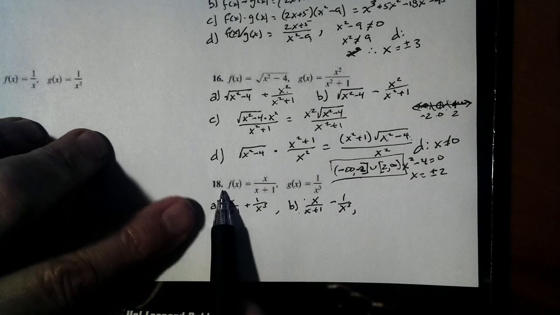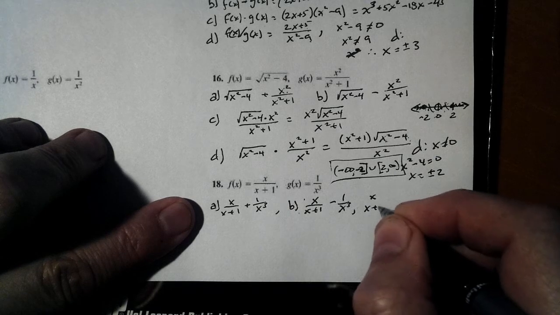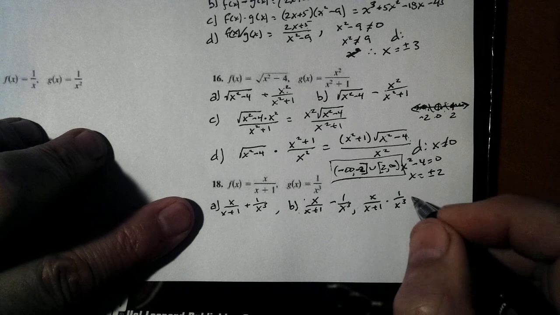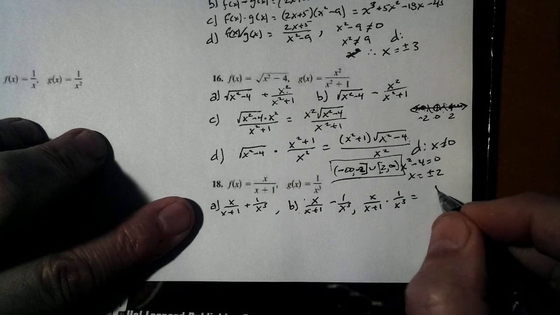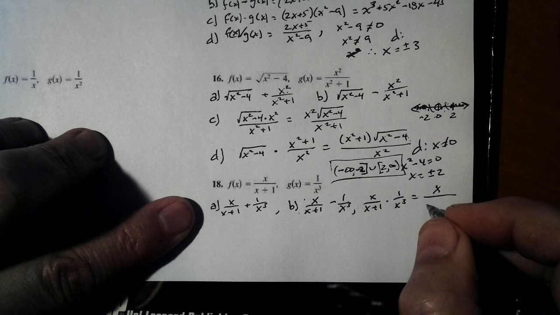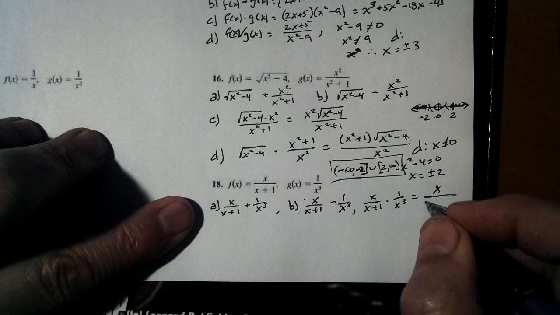C, f times g of x is x on x plus 1 times 1 on x cubed. And I think I will write that as just x on, you could distribute, or 1x, excuse me. Or how about this?